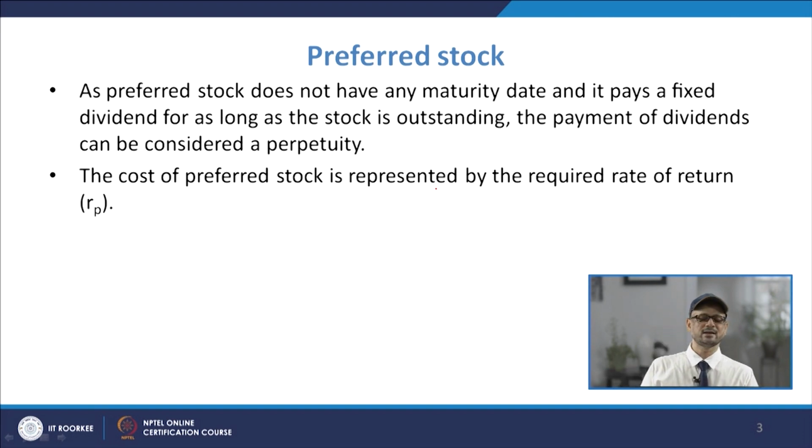And in that case, you have the cost of preferred stock. When you find the price of these stocks, for preferred stocks we represent it with PP, the price for the preferred stocks. For common stock, we write PC. Similarly, the rate of return for the common stock we had discussed many times as RC, but here we will use the term RP.